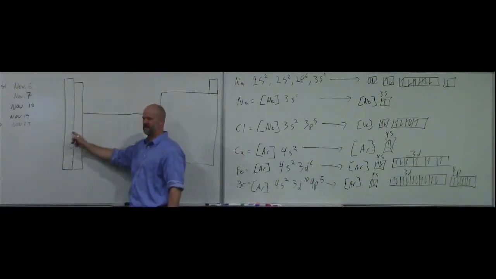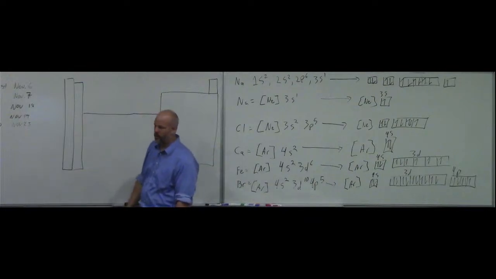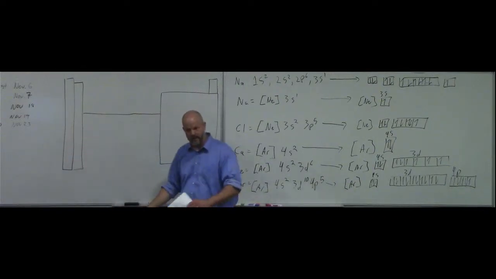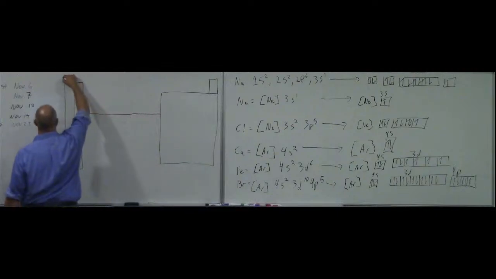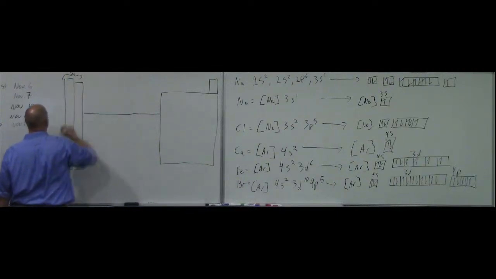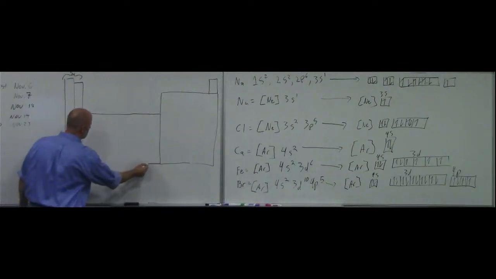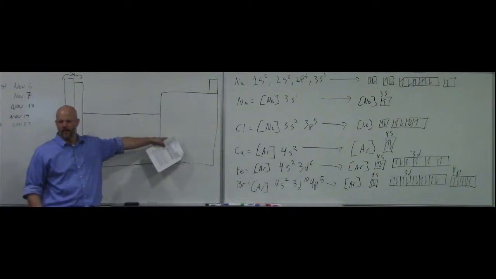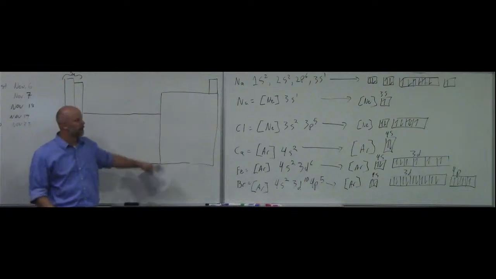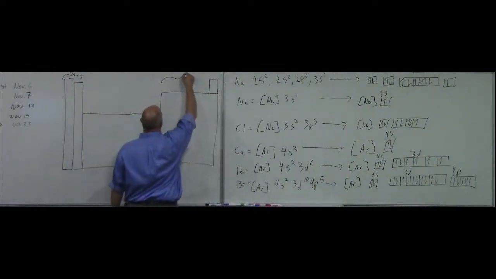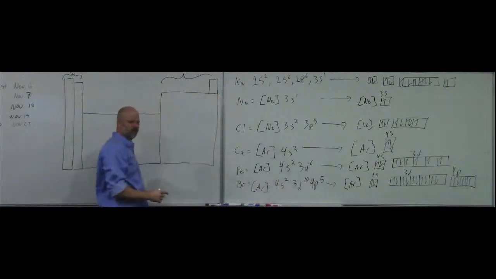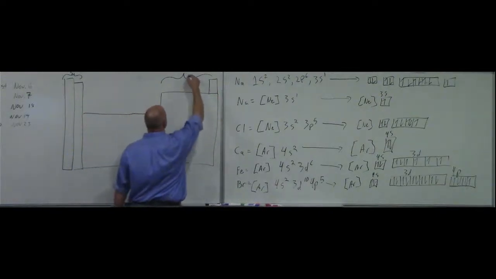What are these? What shape are these in terms of valence electrons? These are S. What are these? P. And helium, in some ways it belongs over here, in some ways it doesn't. We'll talk about that in a minute. So this is our P's.